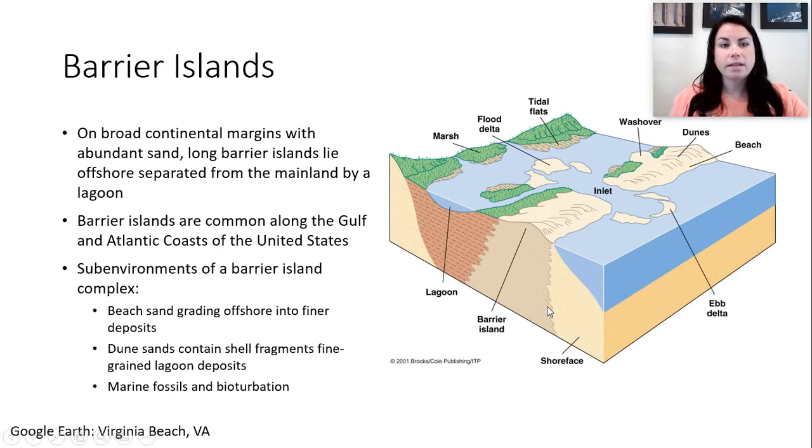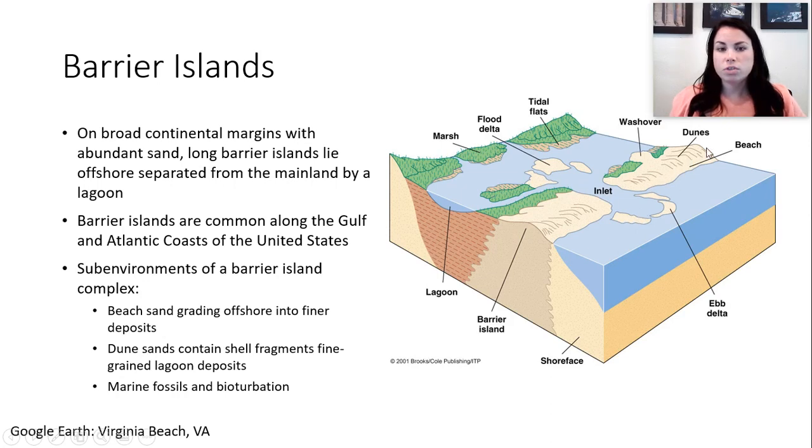Okay, next is barrier islands. So on a broad continental margin with abundant sand, long barrier islands lie offshore, separate from the mainland by a lagoon. And barrier islands are common in the Gulf and Atlantic coasts of the United States, as well as other places around the world. And some of the sub-environments of barrier islands include beaches, dunes, and an inlet.